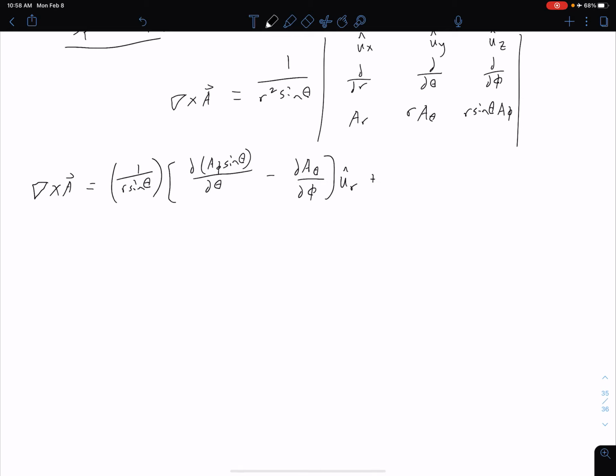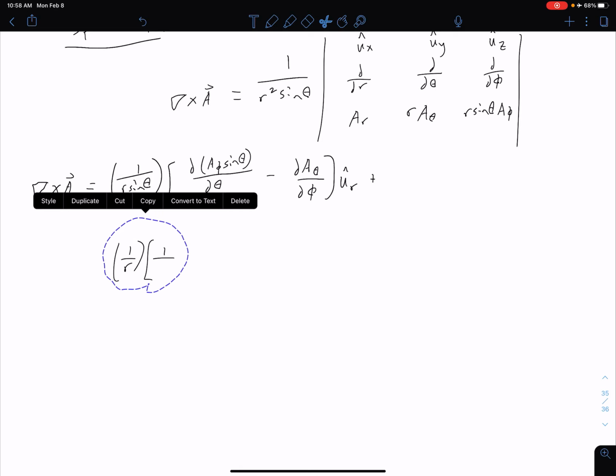plus 1 over r times 1 over, and so actually let me just move this down here and we'll do one sort of component per line here.